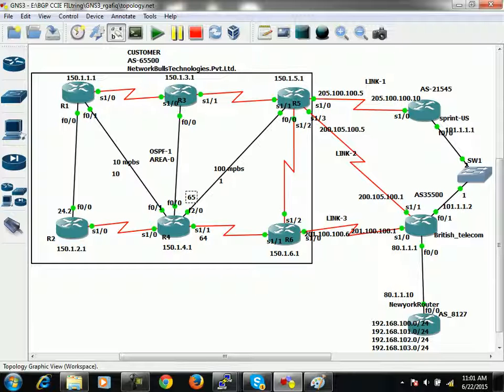But you have to do this configuration at the end of R4's F2 by 0, because if you change it on R1's F0 by 1, then it will change for both networks, the loopback of R5 as well as the loopback of R6. So you have to do this modification in that manner so that the effect is only for the loopback of R5.